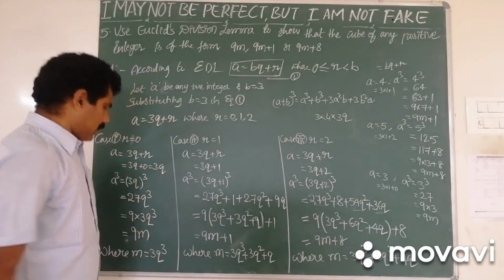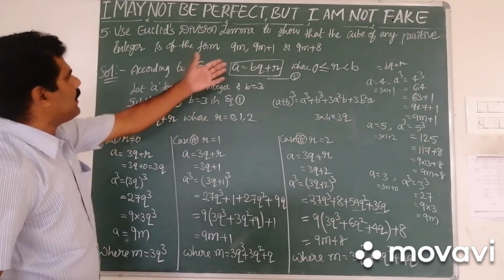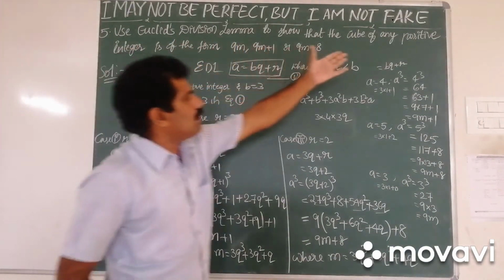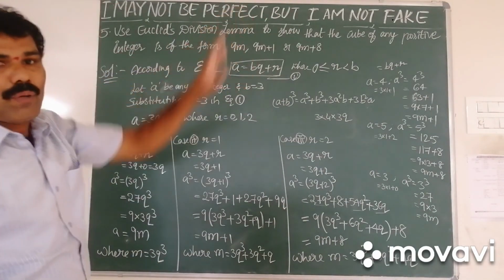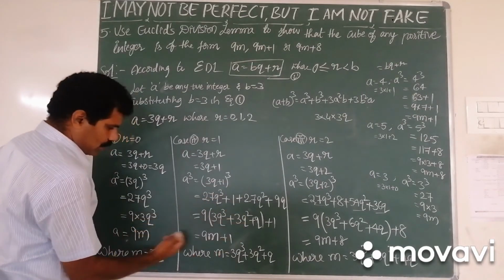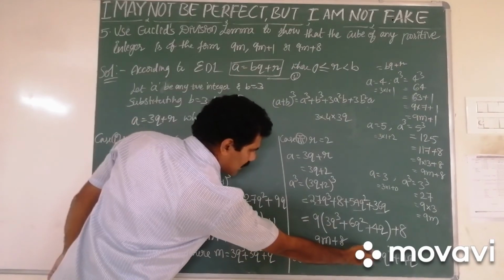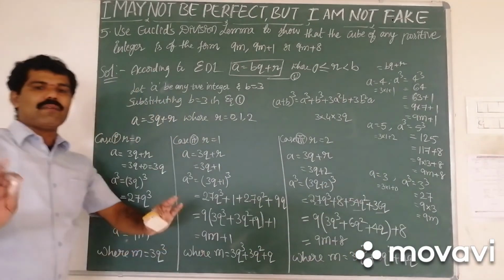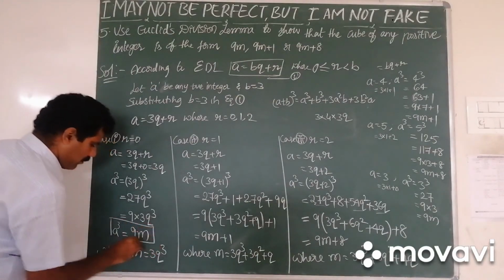Now, whatever may be the m value, m is any positive integer. They have not given m, but of course m will be any positive integer, whatever value it takes. Here 3q cube plus 3q square plus q, here 3q cube plus 6q square plus 4q. But a cube can be written in the form of 9m.